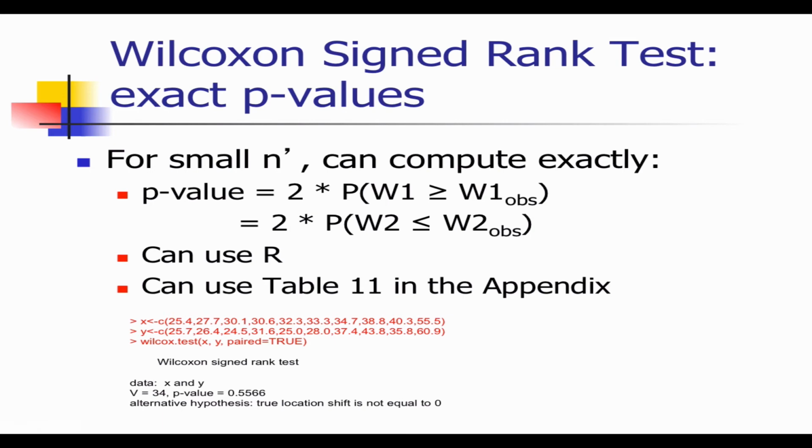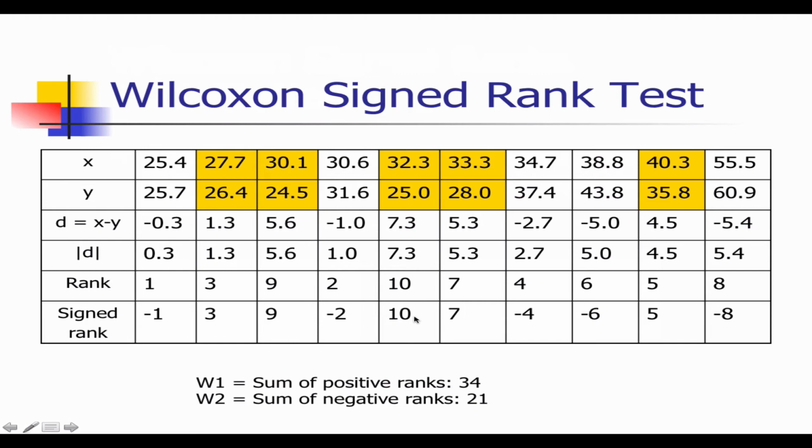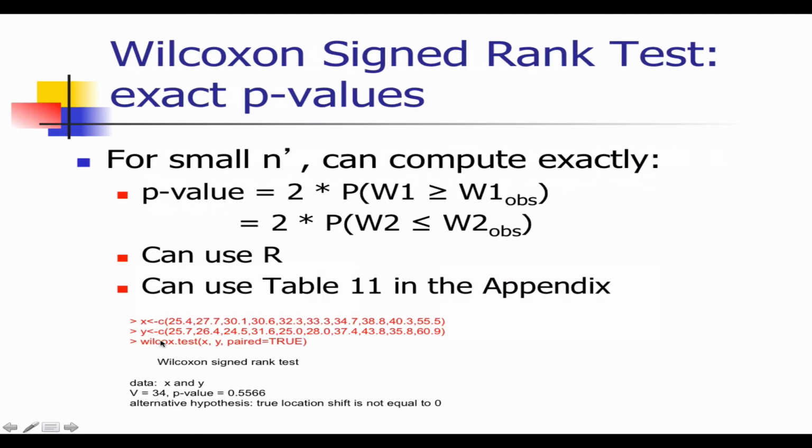So in R, what we teach is this way. Let's say you have X and you have Y, where X equals the first 10 numbers that we showed on this table, and Y equals the second 10 numbers. In R, you use wilcox.test with X, the first sample, and Y, the second sample.